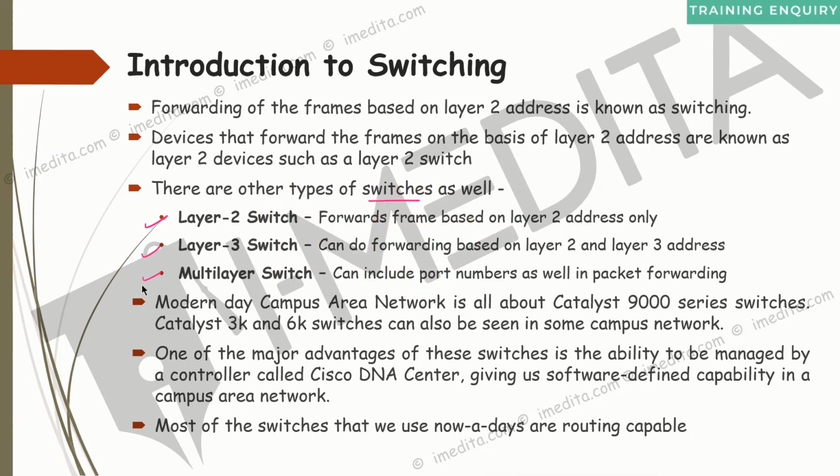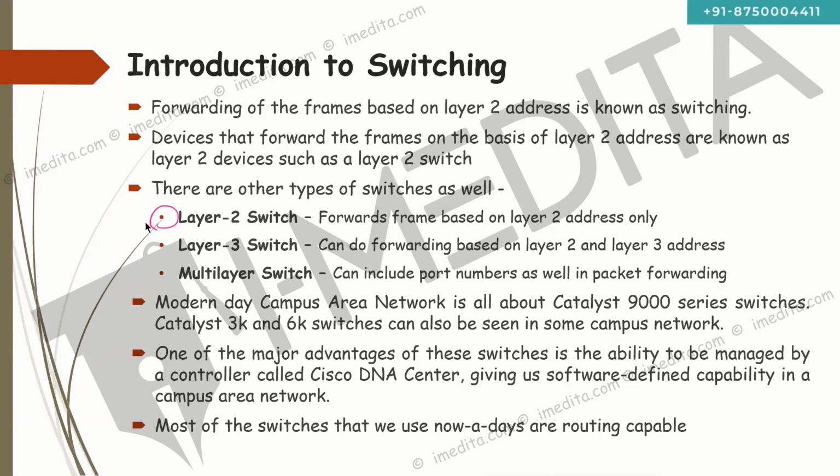In earlier days, in a traditional campus area network, we used to have a device referred to as a layer 2 switch. A layer 2 switch forwarded frames based on layer 2 address only.